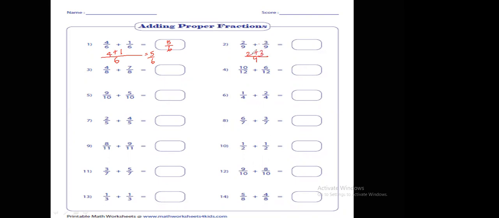Then you can write the answer, 2 and 3, 5 over 9. This one also common denominator is 8, equal denominators. It is easy, very easy, right? 4 plus 7, 4 and 7, 11 over 8. Okay, start to do these sums then. Adding proper fractions.